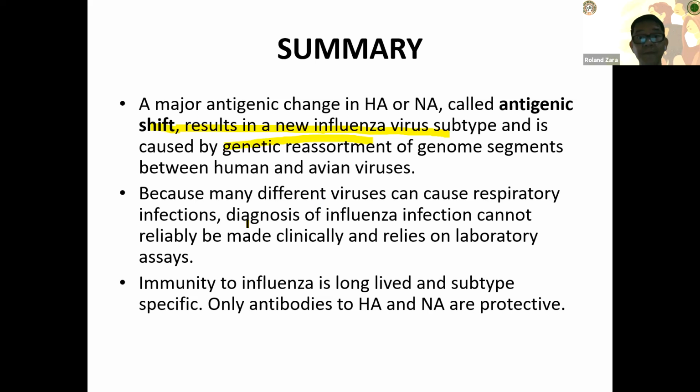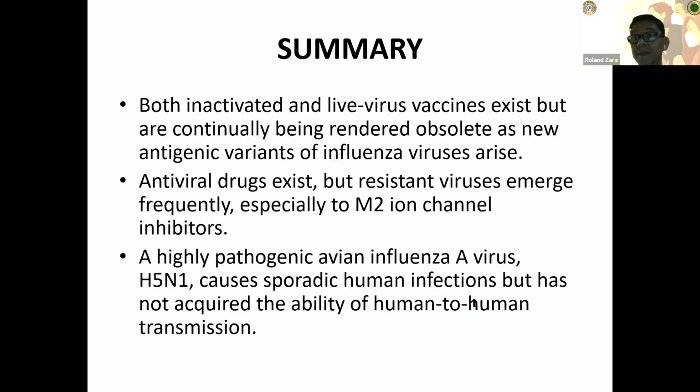Because many different viruses can cause respiratory infection, diagnosis of influenza infection cannot reliably be made clinically and relies on a laboratory assay, the PCR. Immunity to influenza is long-lived and subtype specific. Only antibodies to HA and NA are protective. Both inactivated and live virus vaccines exist but are continually being rendered obsolete as new antigenic variants of influenza virus arise.